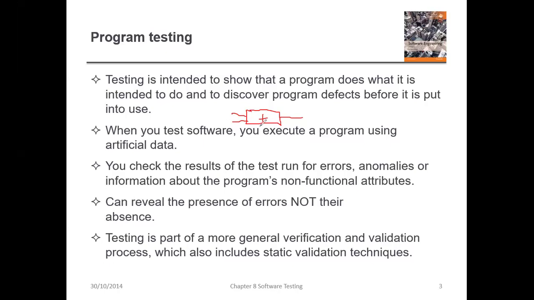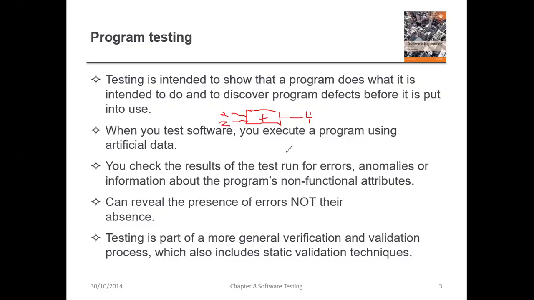We'll give it 2 plus 2, and we all know that 2 plus 2 is supposed to be 4, right? So if we observe the output and the output is 4, then our conclusion will be that this system is doing what it's intended to do.